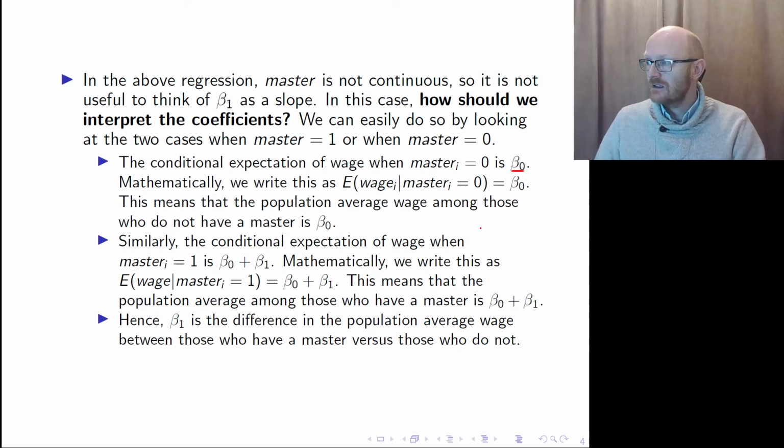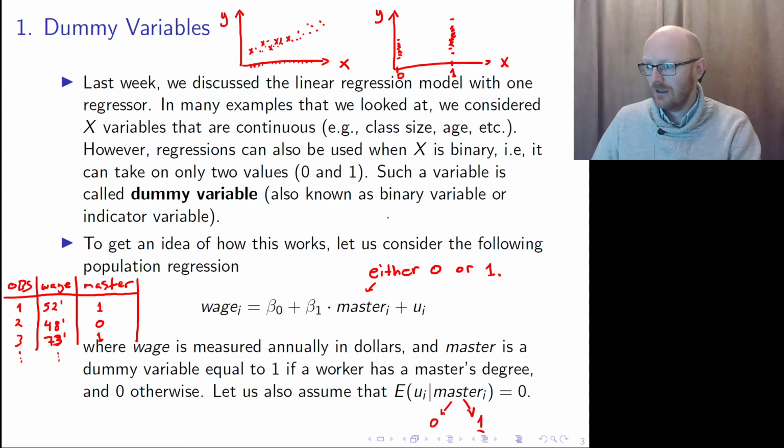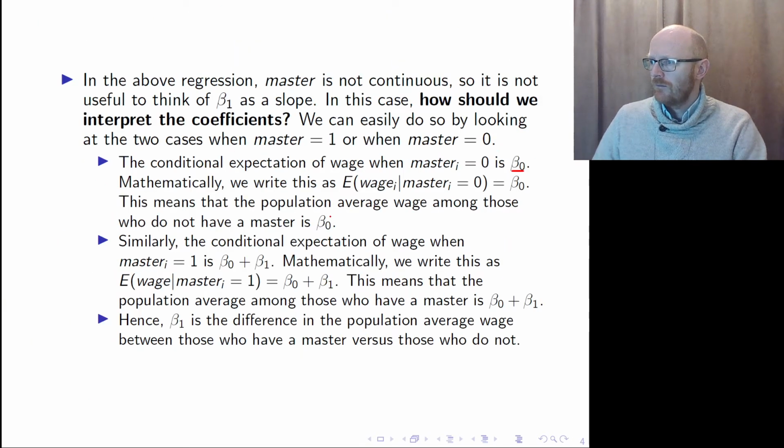Because as you see in the equation, if master is 0, then beta 1 times 0 falls away and becomes 0, and you are left with beta naught.